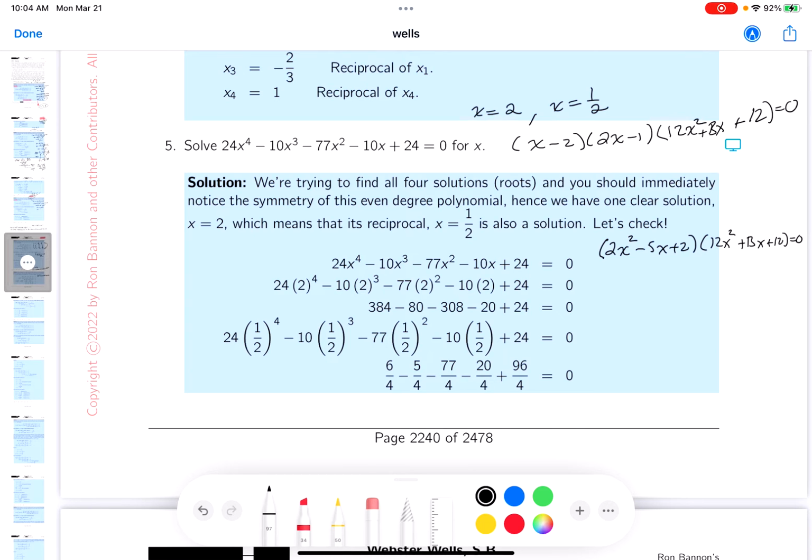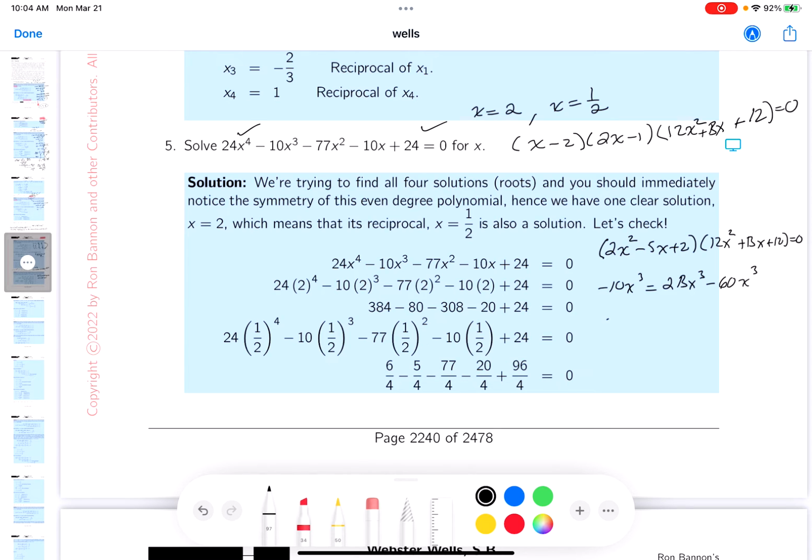Well, you certainly get 24x to the 4th in the beginning, and you certainly get 24 in the end. What I'm going to try to do is equate coefficients, but I don't want to do too much work. So I'm going to say minus 10x cubed. Well, what would that equal? That would equal 2bx cubed minus 60x cubed, and I think you can figure it out now.